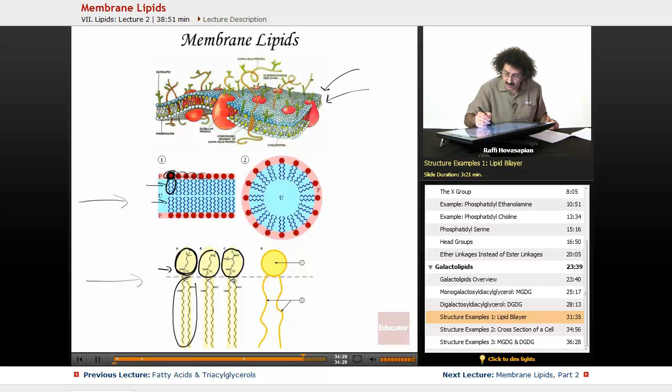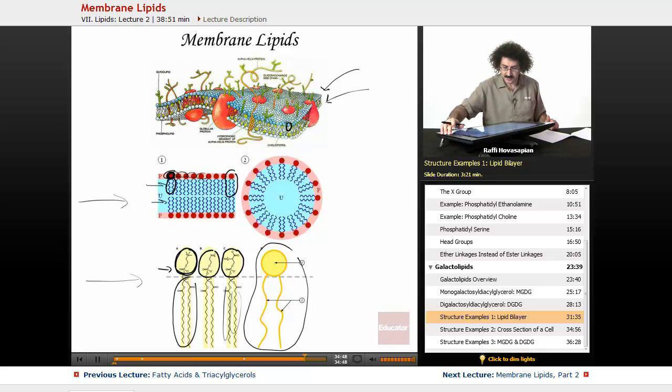So this is, again, that's the tail, and this is our phosphatidyl-serine, phosphatidyl-ethanolamine, phosphatidyl-choline. This is the general structure. This is what you see. There you go. Again, you've seen this stuff before, should be reasonably familiar. Now we're just getting into the actual structure of these lipids.